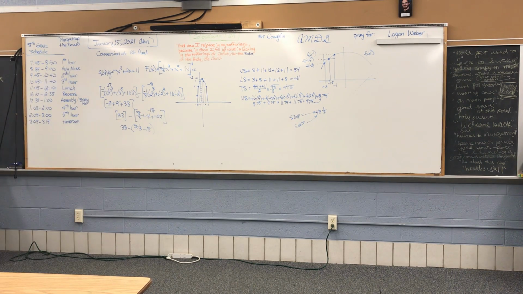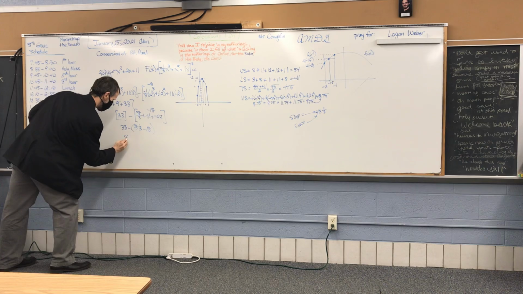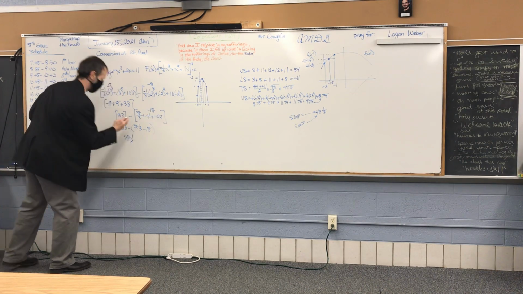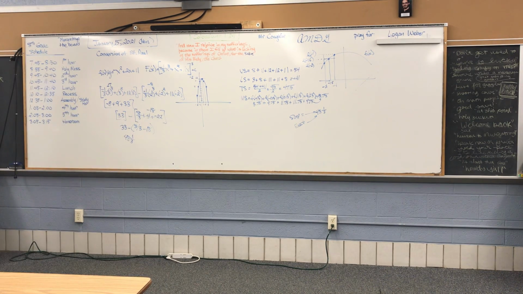It'll save you a little bit of time. 33 minus, don't forget the parentheses, 8/3 minus 18. I get 48 and 3 repeated, which is exactly what we want. Does that make sense?